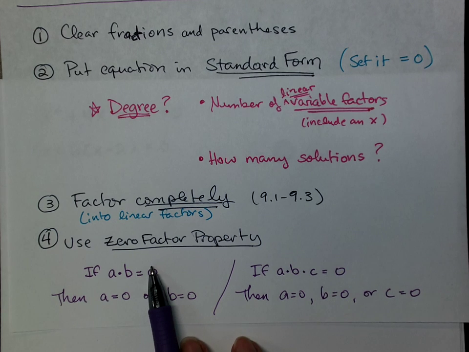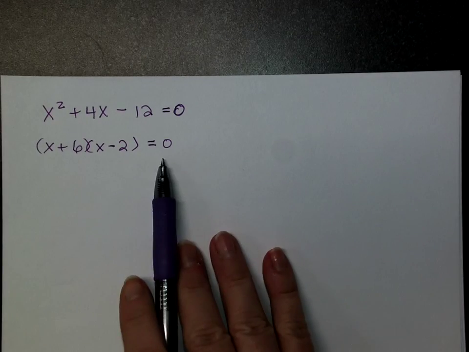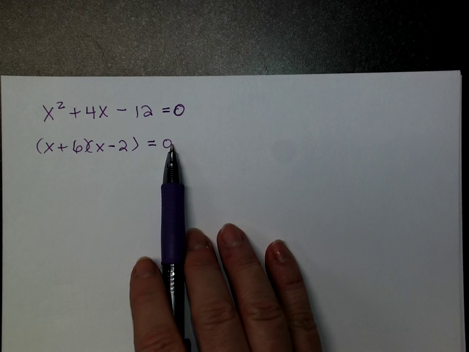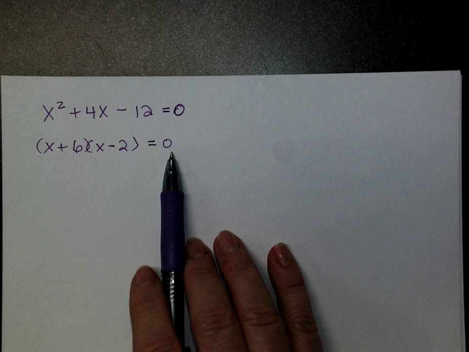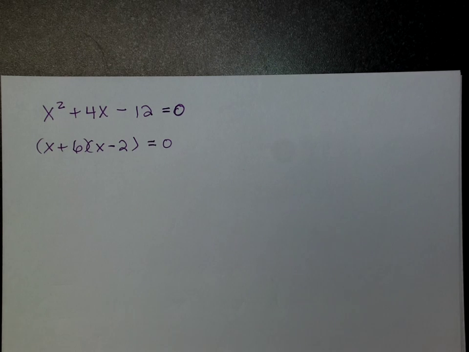That's not a property. The reason it's important to have it equal to 0 is because then we know something about our factors. So if you are careless and don't put it in standard form first, if this is equal to something else, you can't use the 0 factor property. If this isn't 0, you can't use the next property. If you can't use the next property, you can't solve the equation.